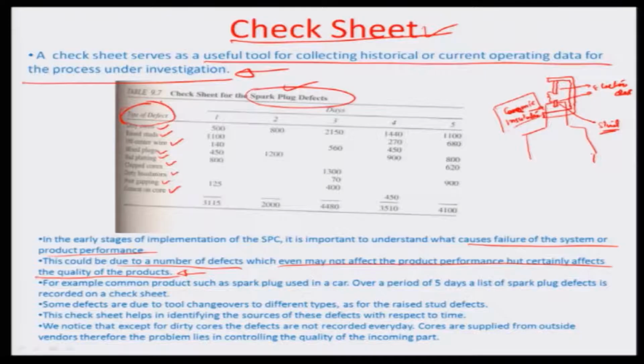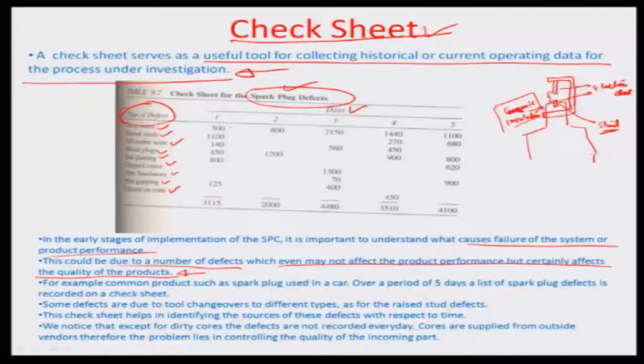And what the purpose of a check sheet is really to record that on a daily basis. For example, if there is some production, how many of these defects are getting generated if it is 100% inspection. So supposing there is a final inspection person related to the spark plug who is actually looking into the quality of these plugs, he would actually try to tally and record the number of occurrences of a certain particular kind of defect, and he is trained to look at this plug and tell what defect really the plug has.